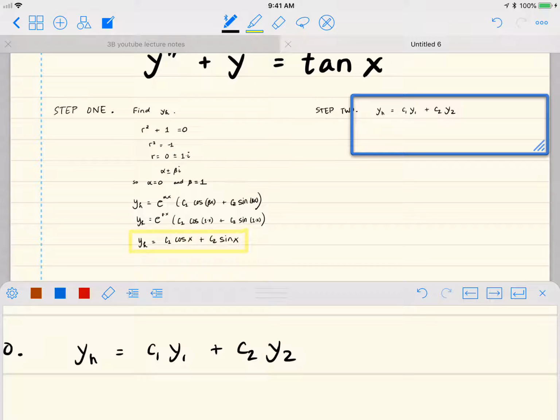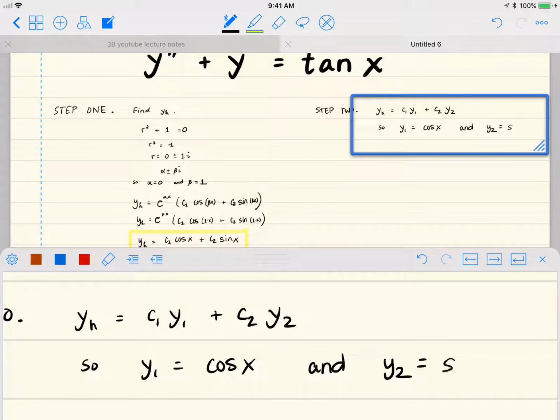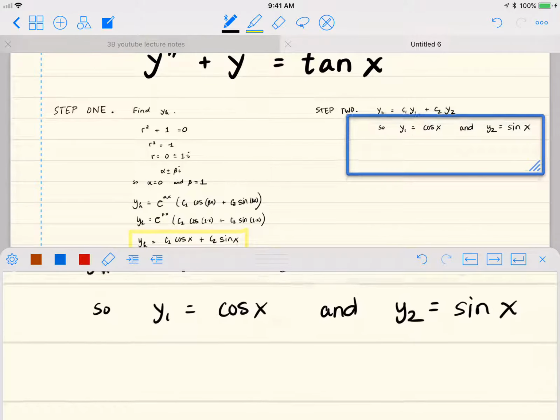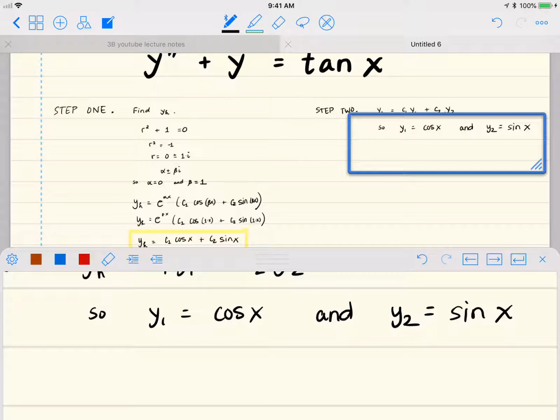Okay, so y1 is equal to cosine of x, and y2 is equal to sine of x. Okay, we're supposed to replace the constants with variables, so this is where we vary our parameters. Now we're going to say yp is equal to u1 y1 plus u2 y2.